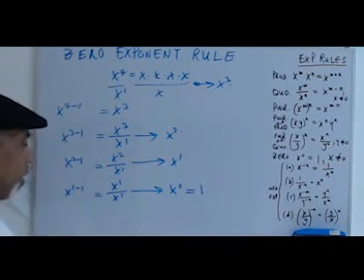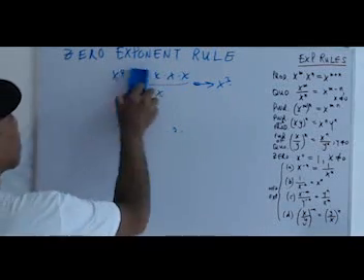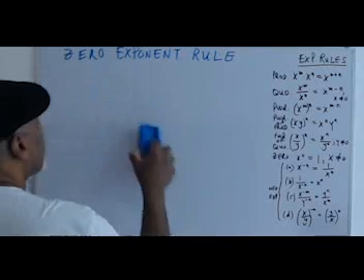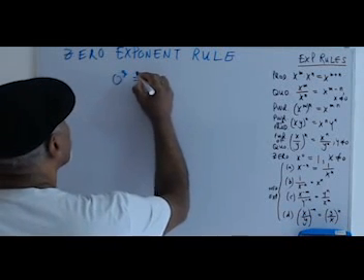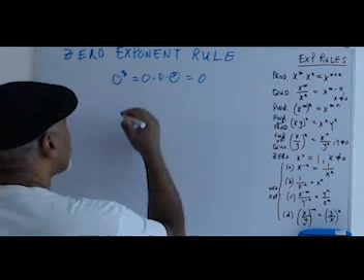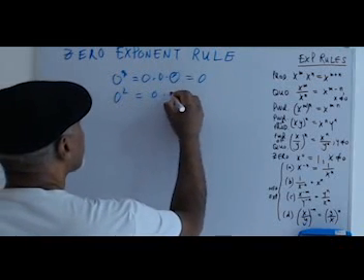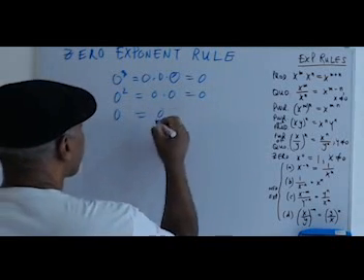All right, let's look at some powers of 0. Zero cubed is equal to 0 times 0 times 0, which is 0. 0 squared is 0 times 0, which is also equal to 0. 0 to the first is equal to 0.